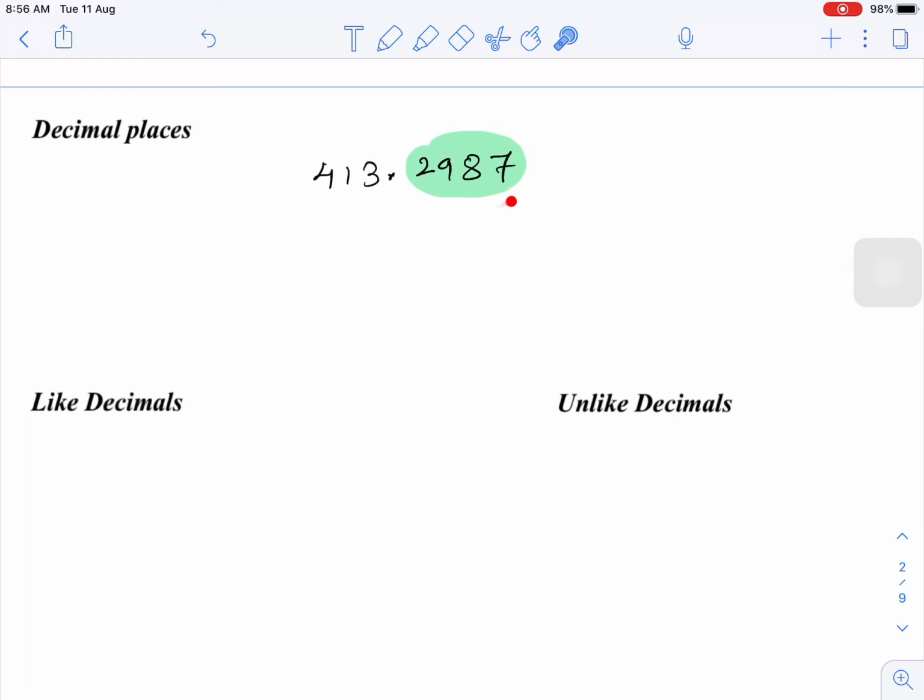Since there are 4 digits to the right of decimal, we will say that the decimal place is 4.